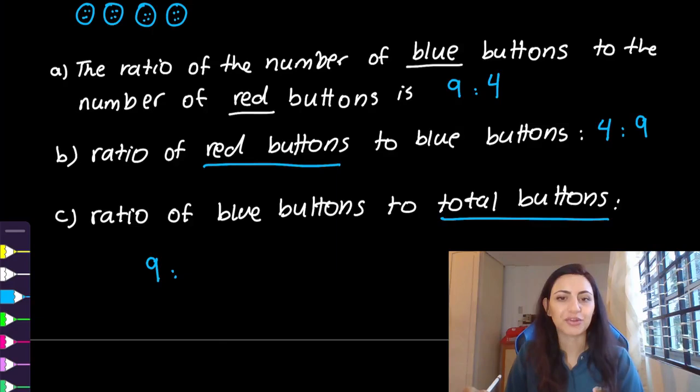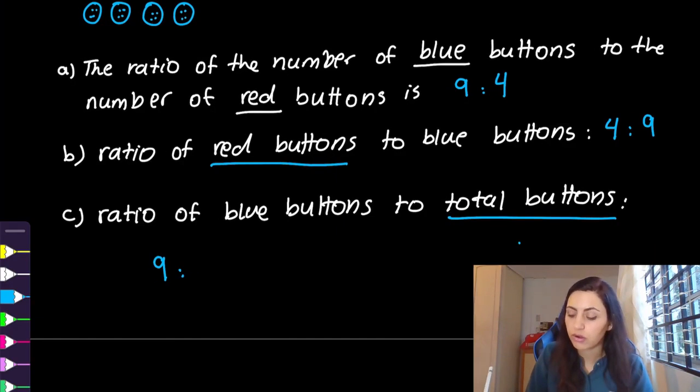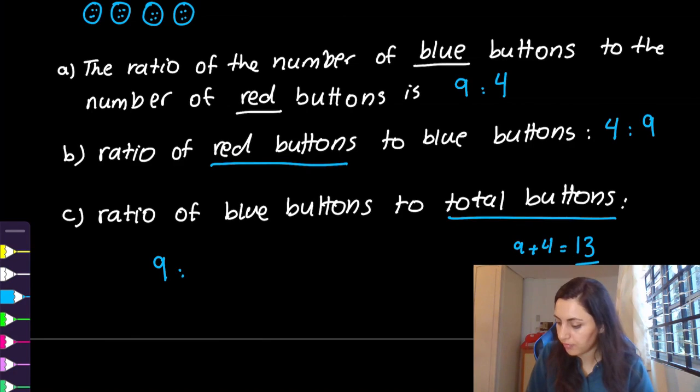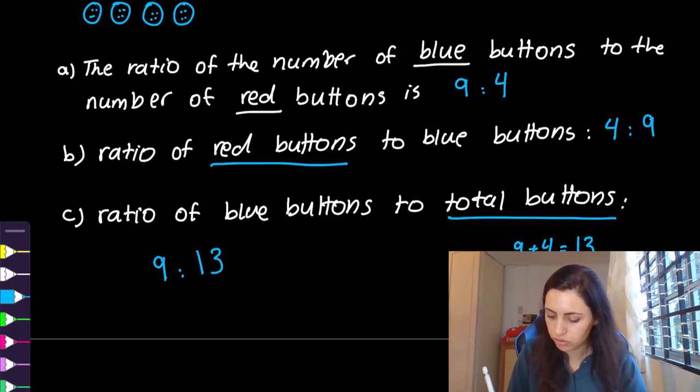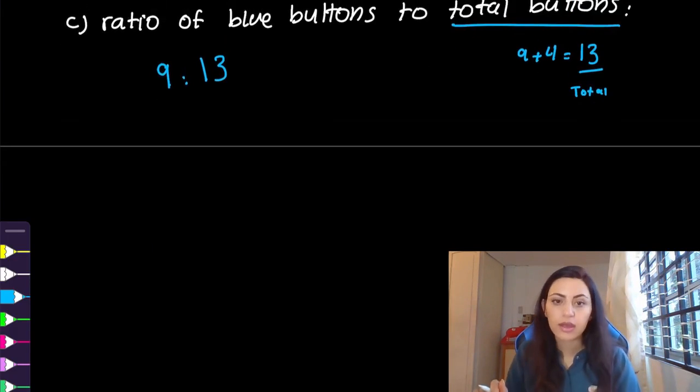So it's asking for a total. We just do 9 plus 4 is 13. So the total amount of buttons is 13. So it will be 9 to 13.